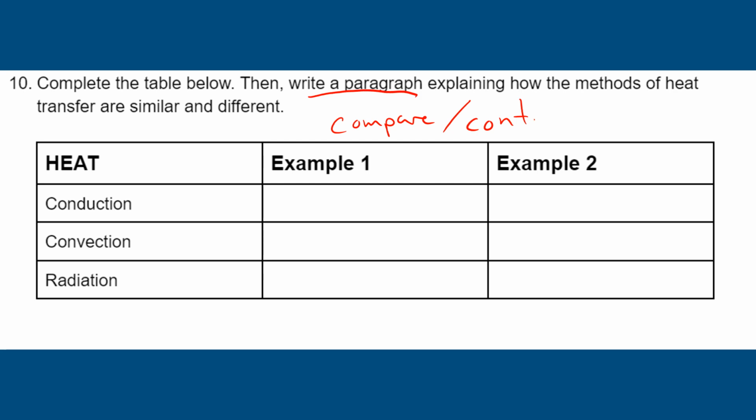When you are answering these, you want to talk about how they are alike and how they are different. Compare is how they're alike, contrast is how they're different. One thing that these all have in common is that they all transfer thermal energy.